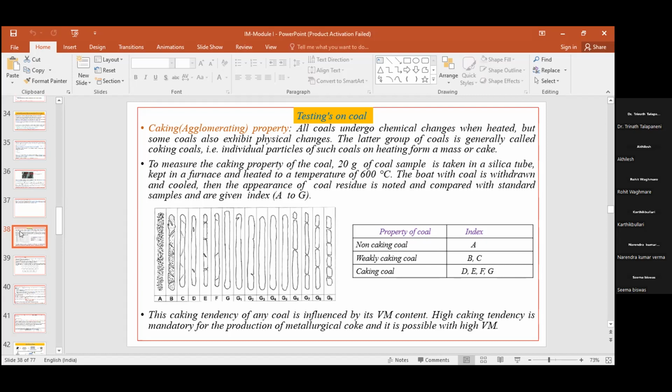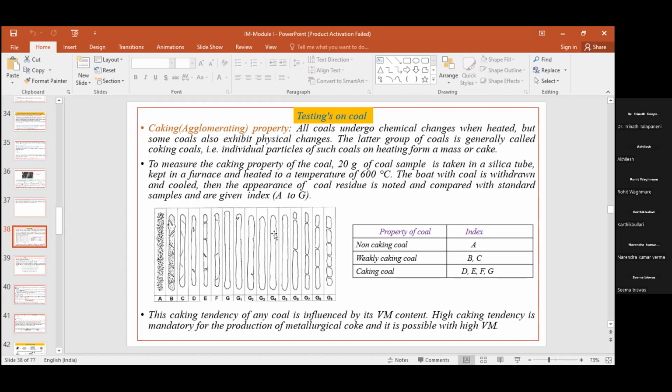Based upon that, we come to the conclusion that this coal has good caking tendency. We have some standard charts, and we compare the sample with the standard chart, and based upon that, we can evaluate the property of the coal.